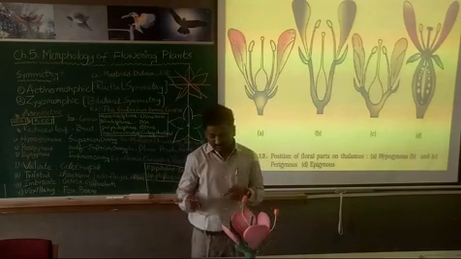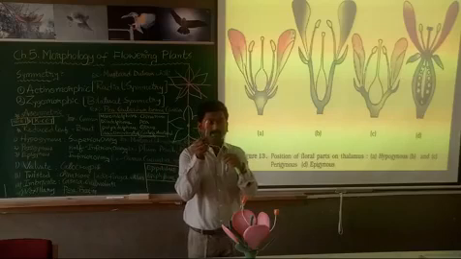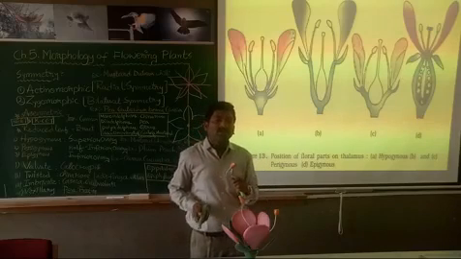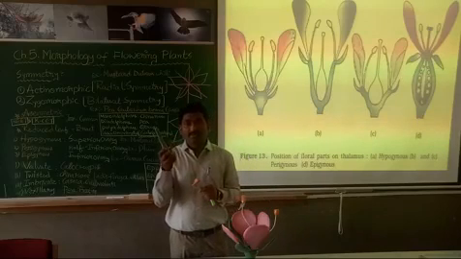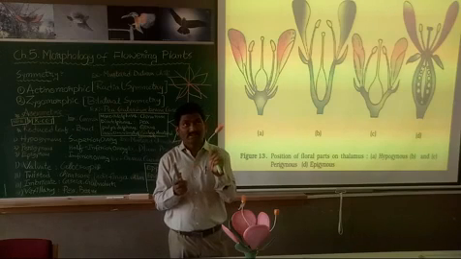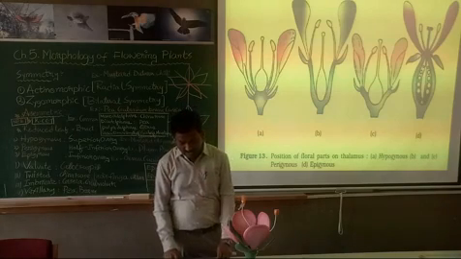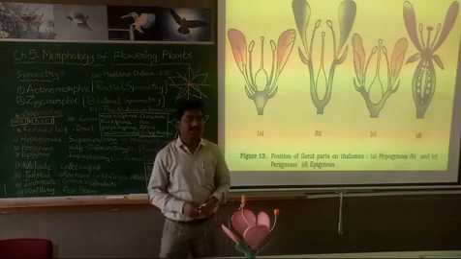At the same time, you can see some flowers which consist of only stamens or only carpels. Both together are not present in some flowers. Either stamens are present or only carpels are present. Such kinds of flowers are called unisexual flowers.